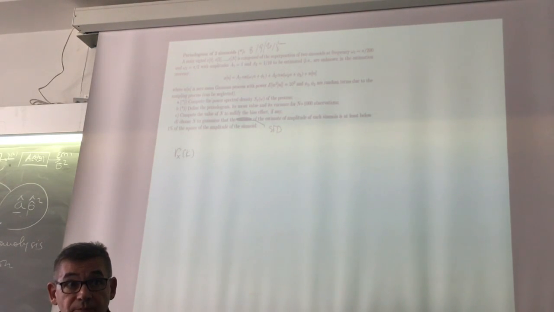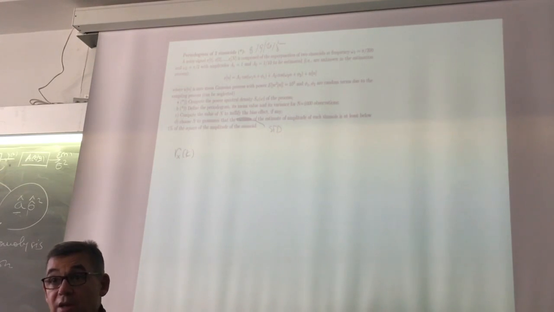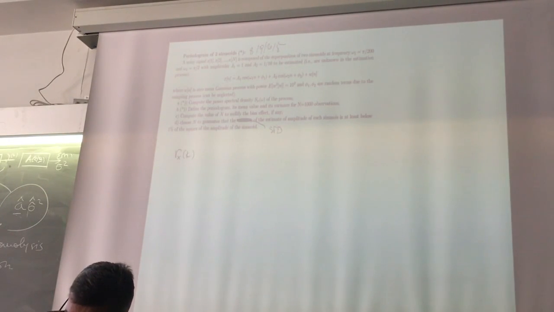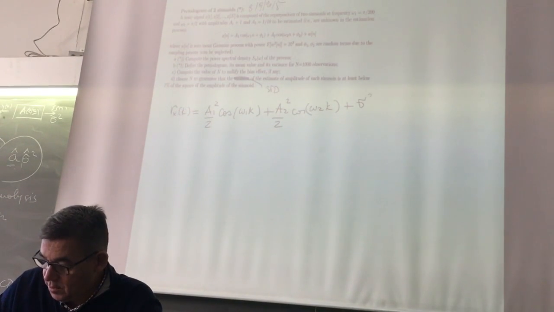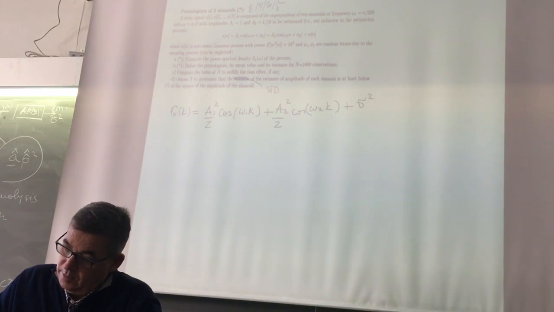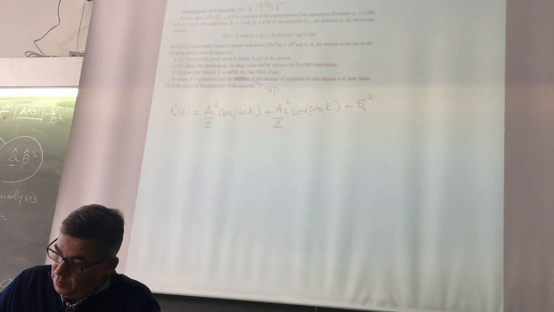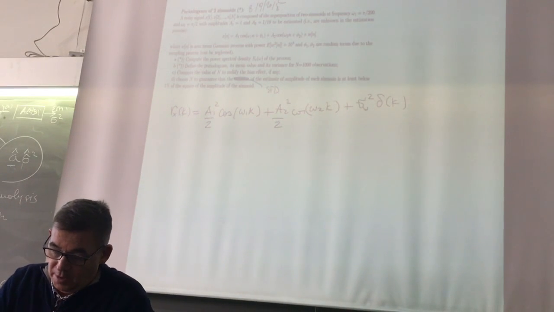Because phi1 and phi2 are uncorrelated with each other, for this reason I can calculate the autocorrelation. So the autocorrelation is A1 squared divided by 2 times cosine of omega 1 k, plus A2 squared divided by 2 times cosine of omega 2 k, plus sigma squared W multiplied by delta k, because it's white.